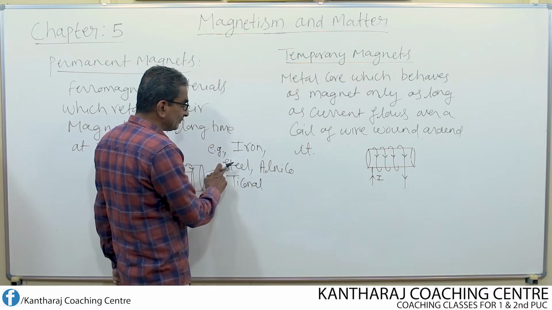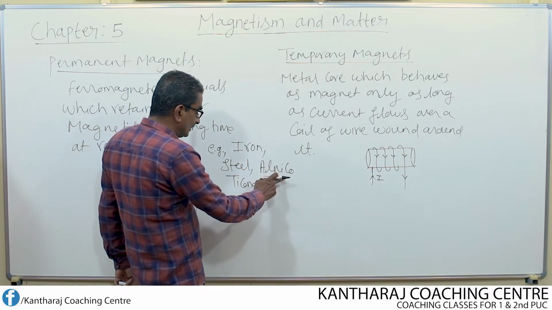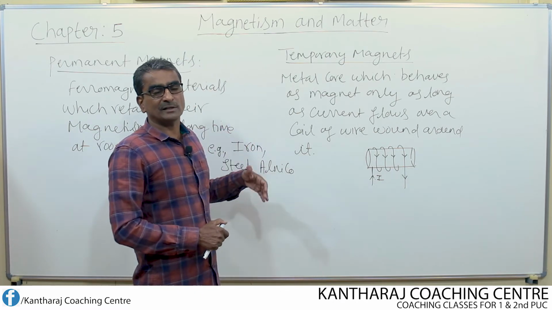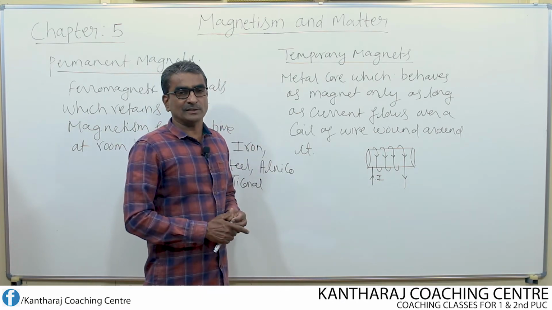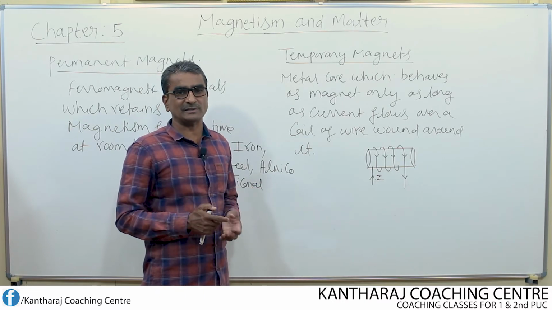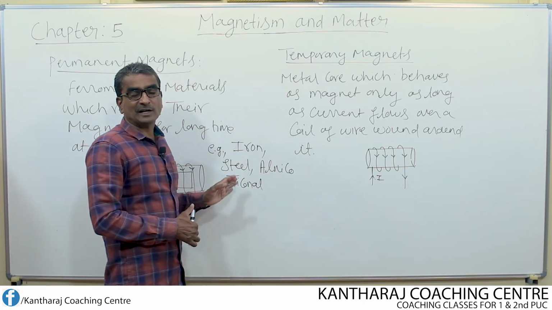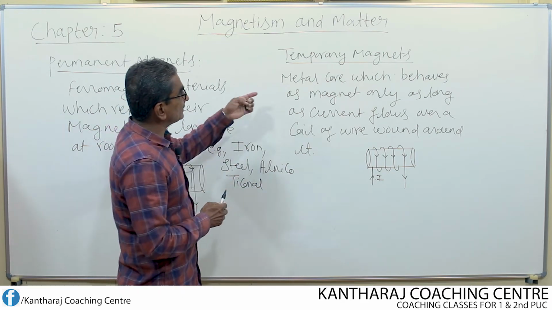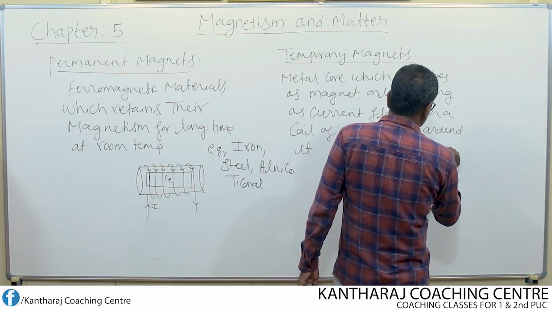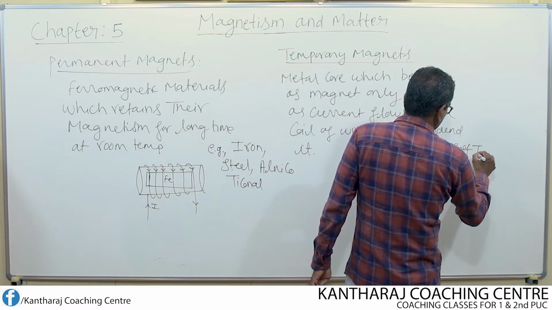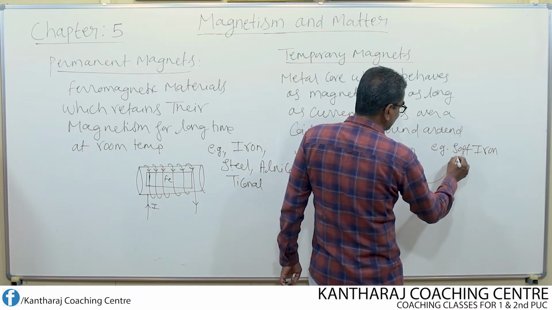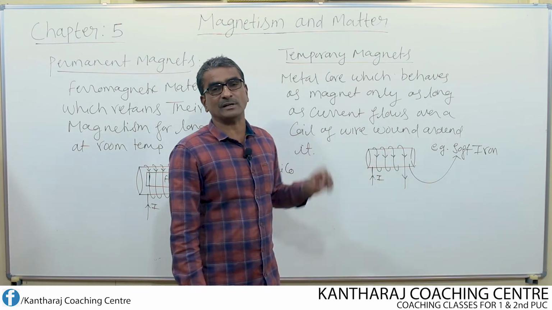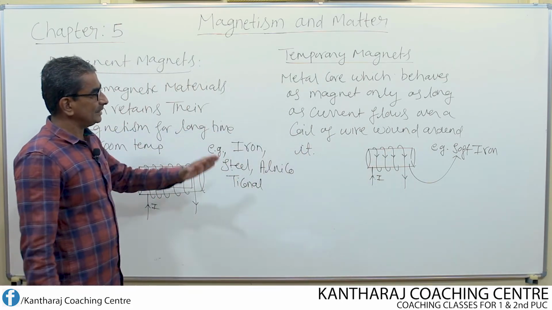All these are alloys. An alloy means a mixture of two or more metals. Most of the permanent magnets are made up of alloy material. The example for a temporary magnet is soft iron. The material that is used here is nothing but soft iron.